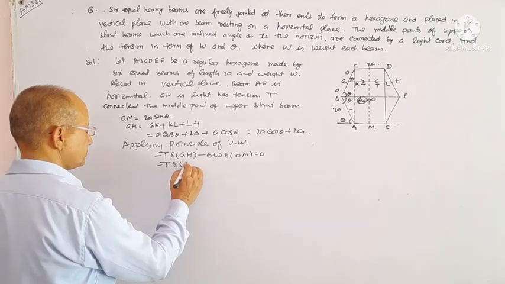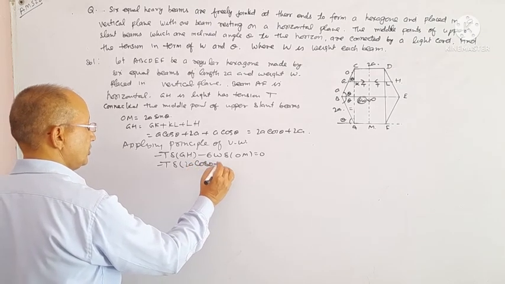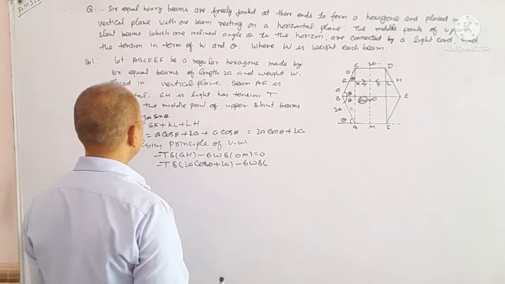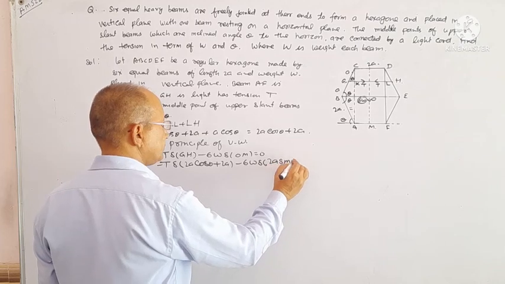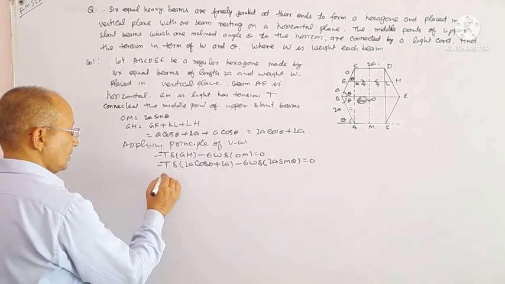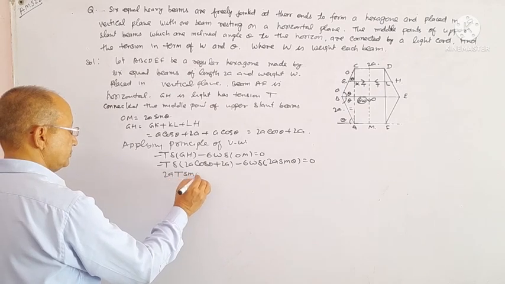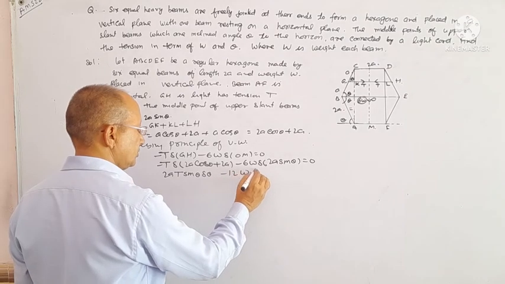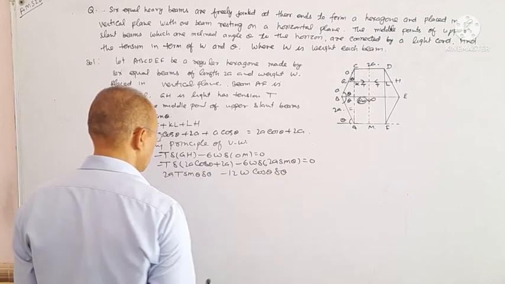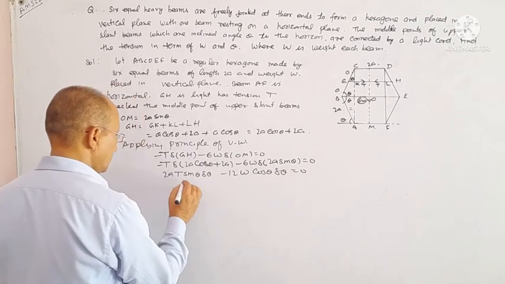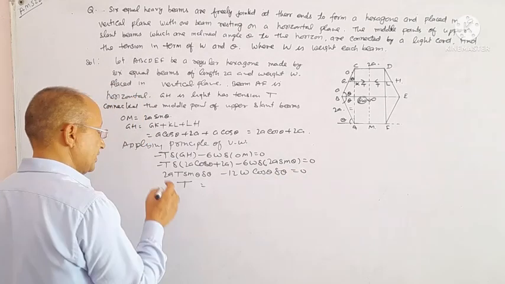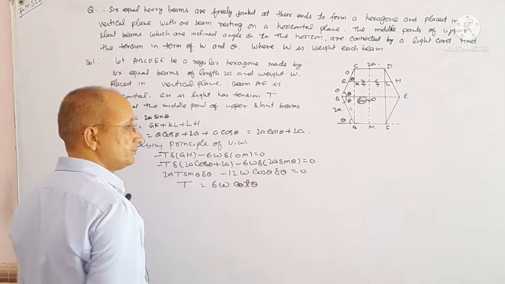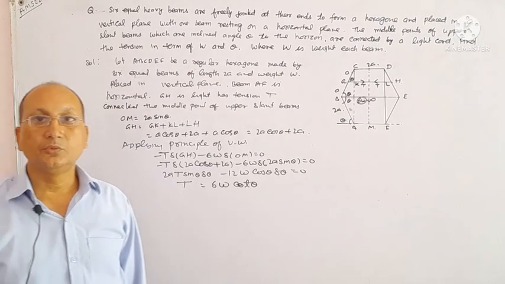GH is 2a cos theta plus 2a, OM is 2a sin theta, so we get 2a T sin theta delta theta minus 12W cos theta delta theta equals 0, and dividing by 2a sin theta delta theta we get T equals 6W cot theta. That is the tension in terms of W and theta. That's all.